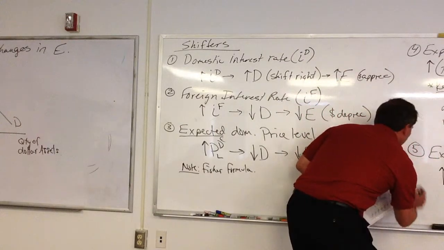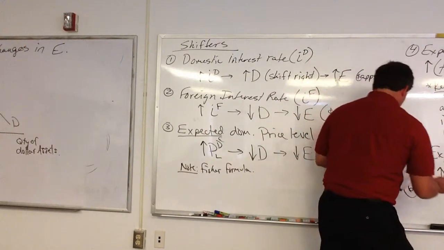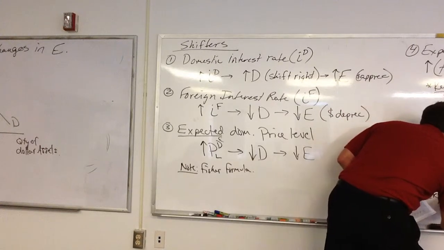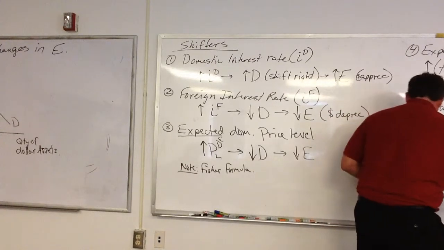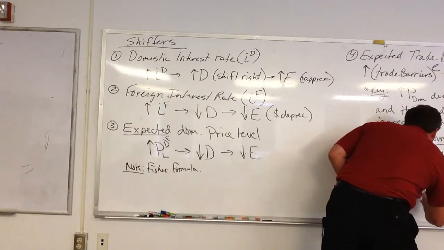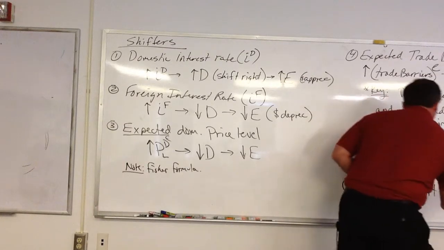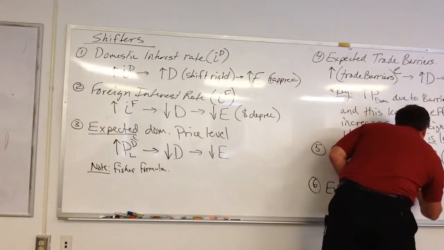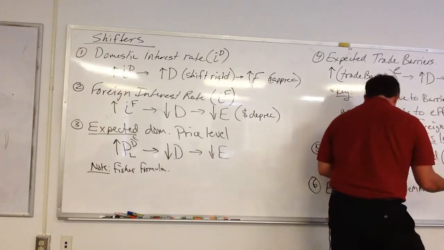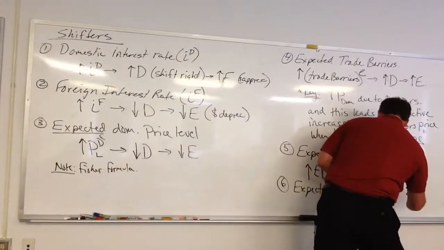Okay, number 6 is expected import demand. I took these out of order of how the textbook had them, because I think this one's a little counterintuitive as well, but I think putting the export first helps it.